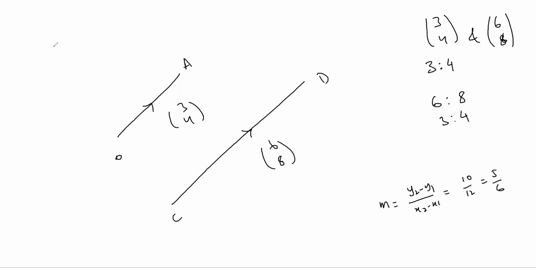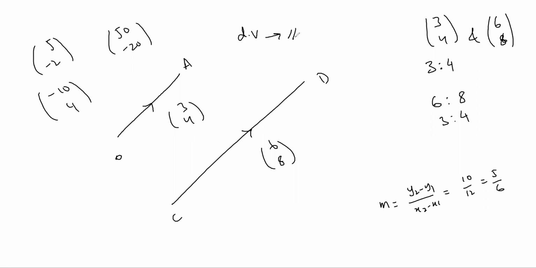Okay. Somewhere you find there is a vector which is 5, minus 2. And then you have 50, minus 20, or maybe minus 10, 4. So all these three vectors are having the same direction vector. When we say they are having the same direction vector, we are indirectly saying that they are parallel to each other and they have the same direction ratios.